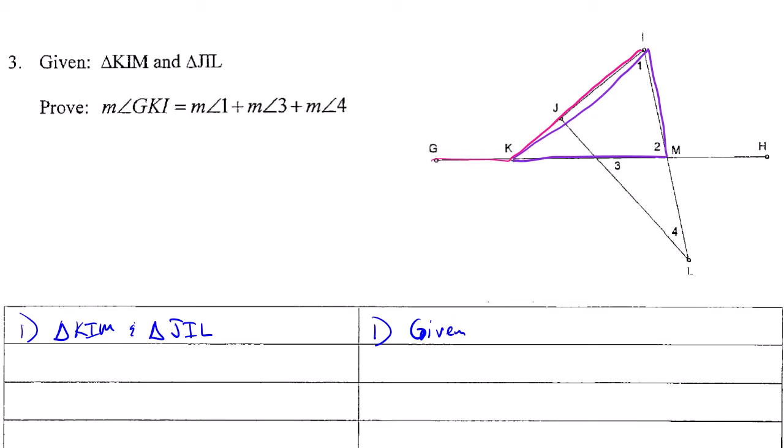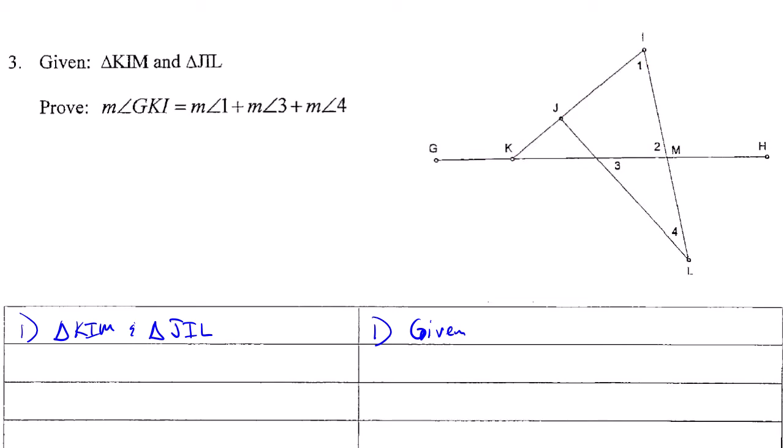So because it's an exterior angle, we have our triangle exterior angle theorem, which says that the measure of the exterior angle is equal to the sum of the measures of the two remote interior angles. So the exterior angle, JKI, or GKI, I keep saying that, is equal to the sum of the remote interior angles.